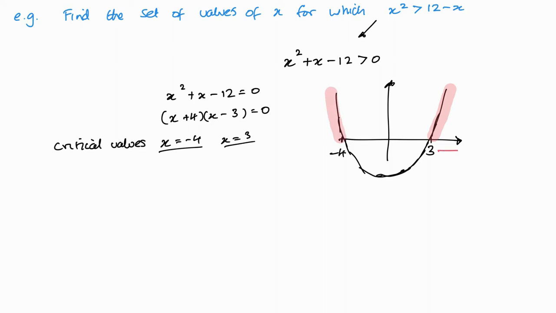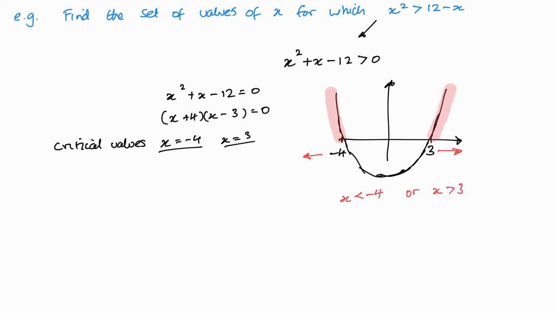That means I want everything to the right of 3 and everything to the left of minus 4. And what you can also see is that I've got two clearly different regions this time, so I want to do them separately. So I want to write that x is less than minus 4 or x is greater than 3.